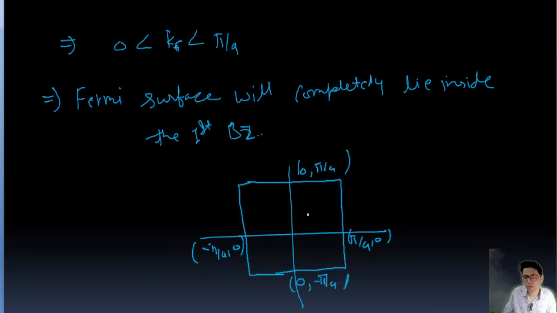And this is the circle, the Fermi surface, which will be completely inside this, because the radius of the Fermi circle is 0.79 pi by a, right? This is the one.